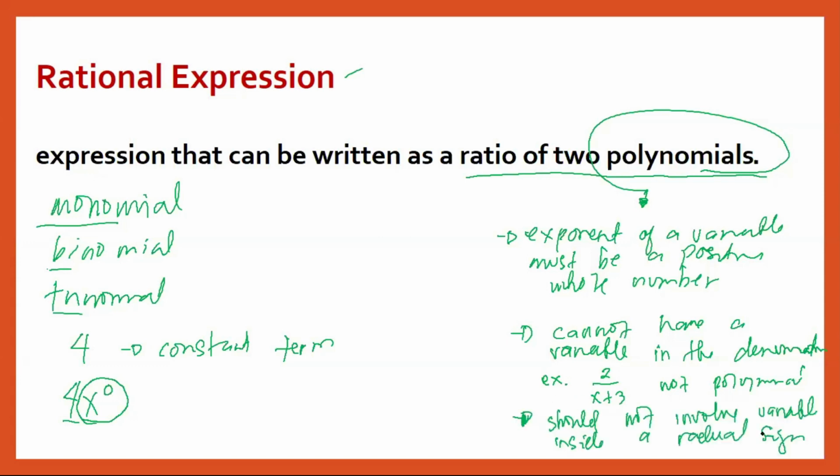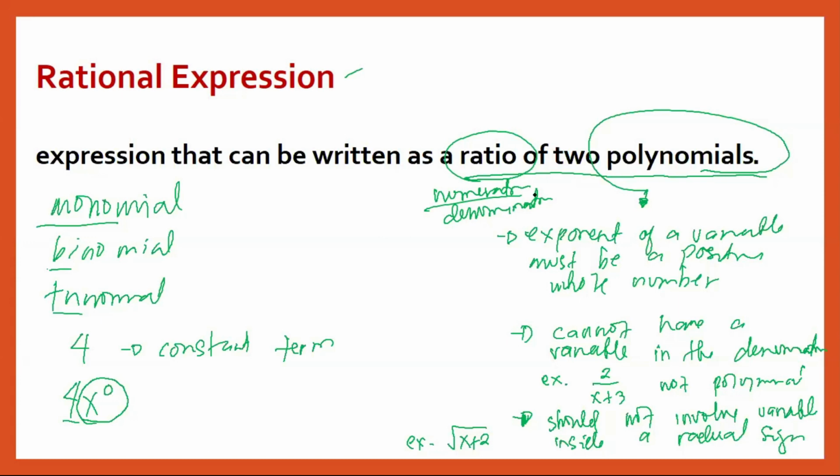Next, it should not also involve a variable inside a radical sign, like this one, square root of x plus 2. This is not a polynomial because there is a variable inside the radical sign. So, bawal yan. Now, how do we describe a ratio? Of course, it has a numerator and denominator.